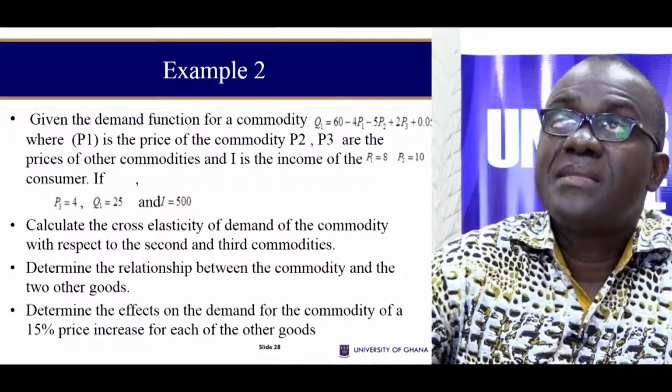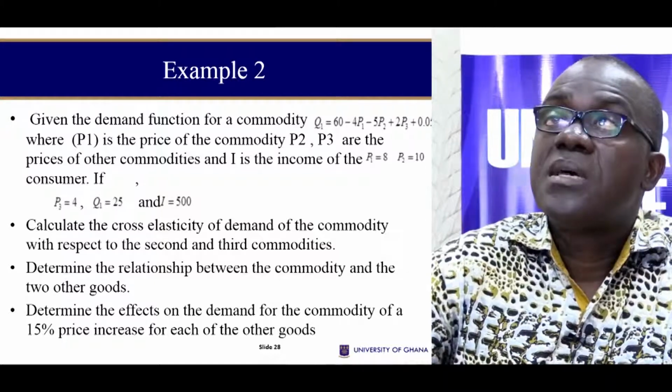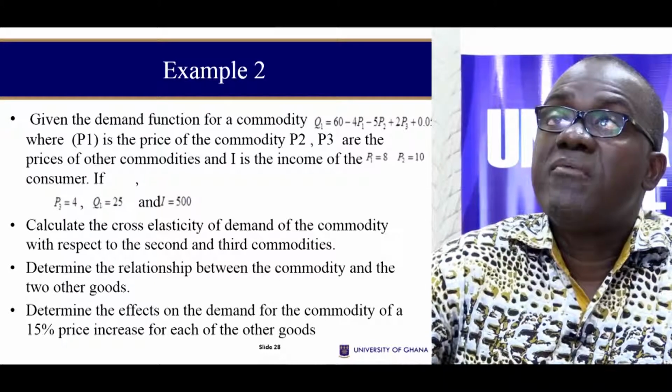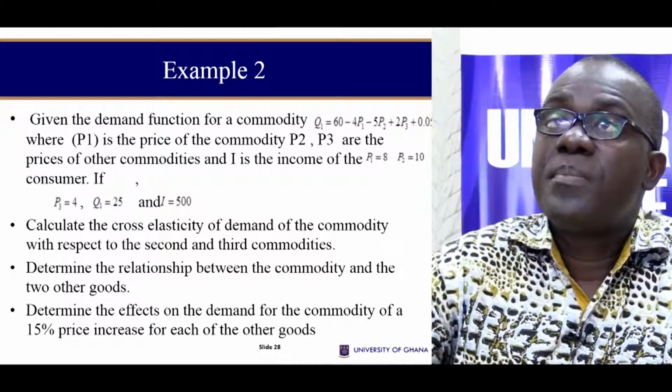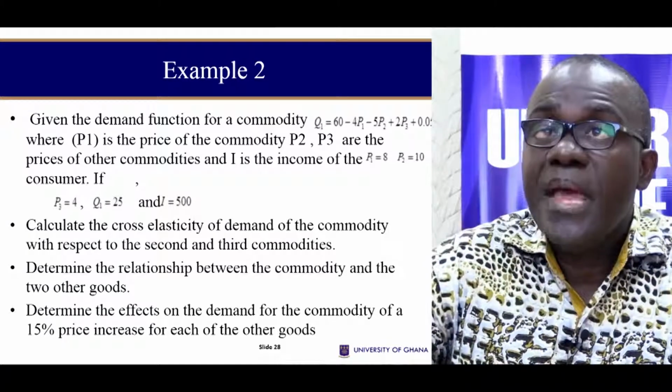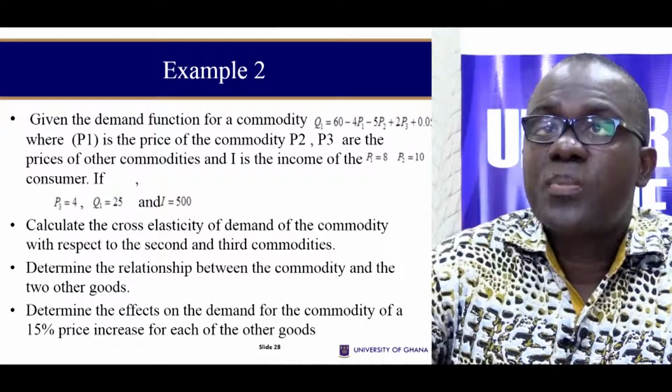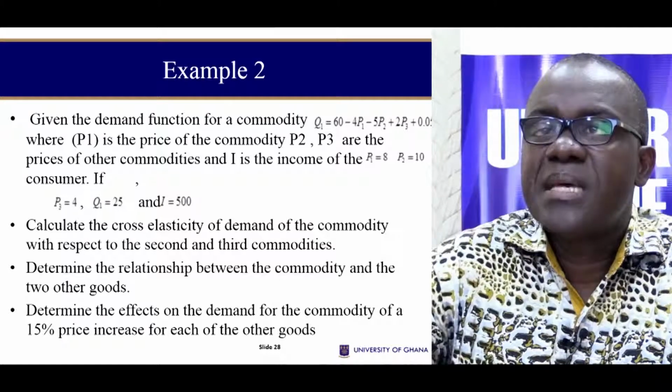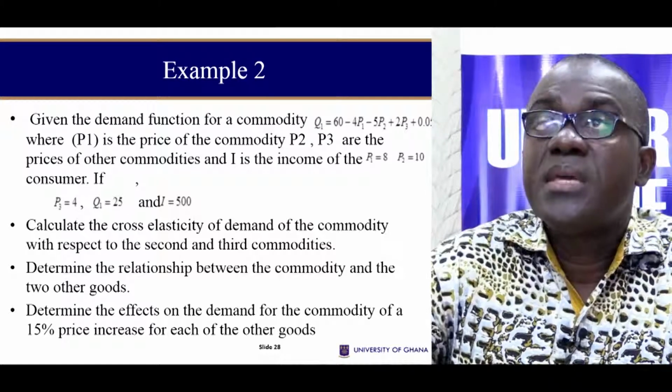I have some examples here. So we have a certain demand function. Our objective is to investigate the relation that the good has with respect to the prices P1, P2, P3. And we are supposed to calculate the cross elasticities and interpret the relationship between the goods.